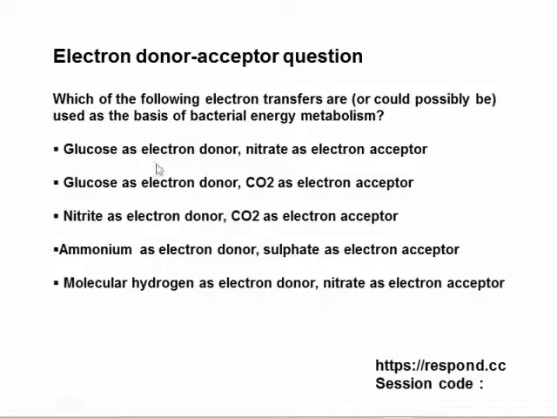So I would say this one is not going to work. CO2 as an electron acceptor, it's really the worst. And you can only get a productive metabolism with hydrogen as electron donor and CO2 as the electron acceptor.